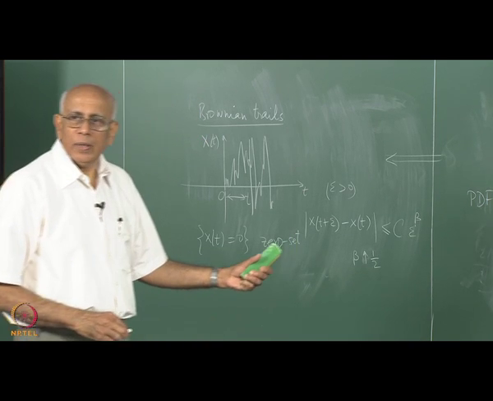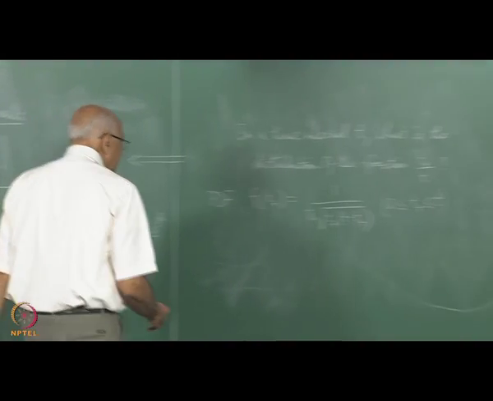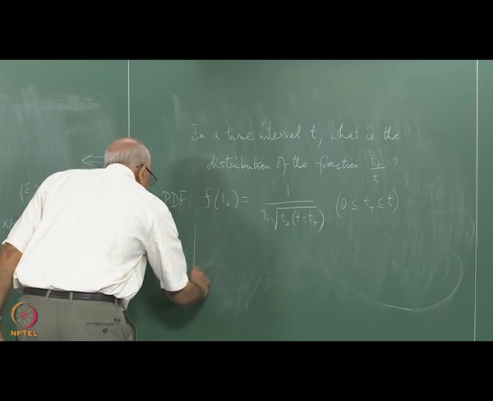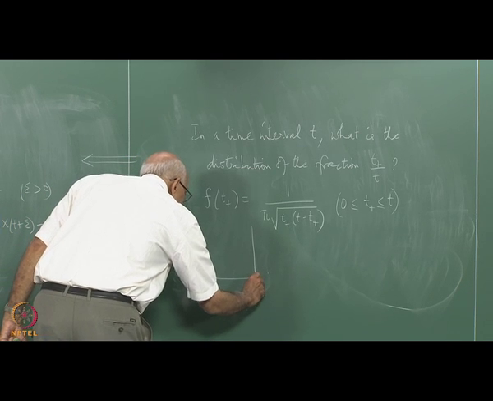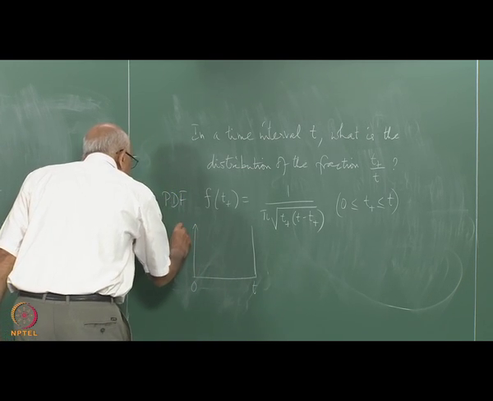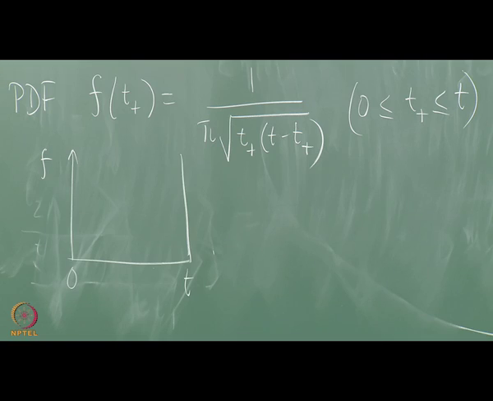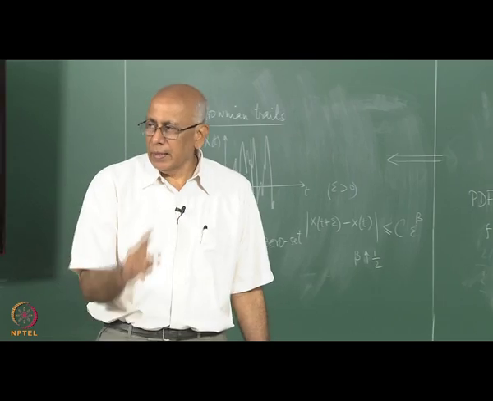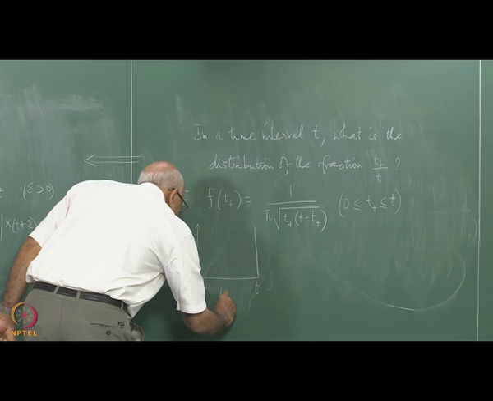What does that graph look like? What would this look like? Well, it becomes unbounded at both 0 as well as, so t plus is sitting here.